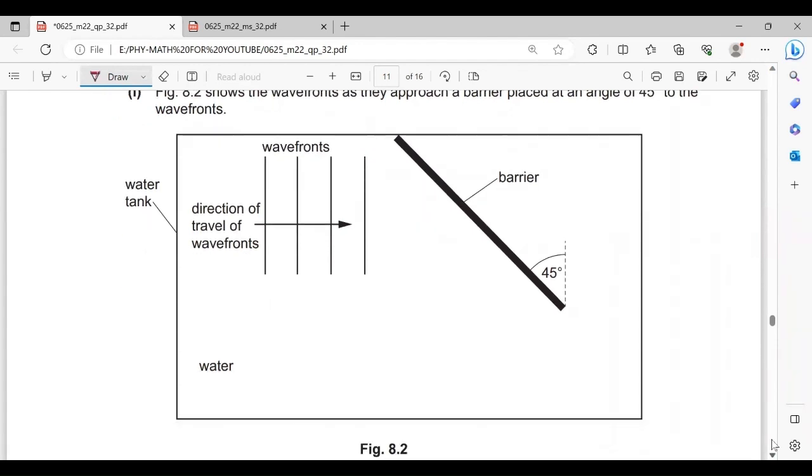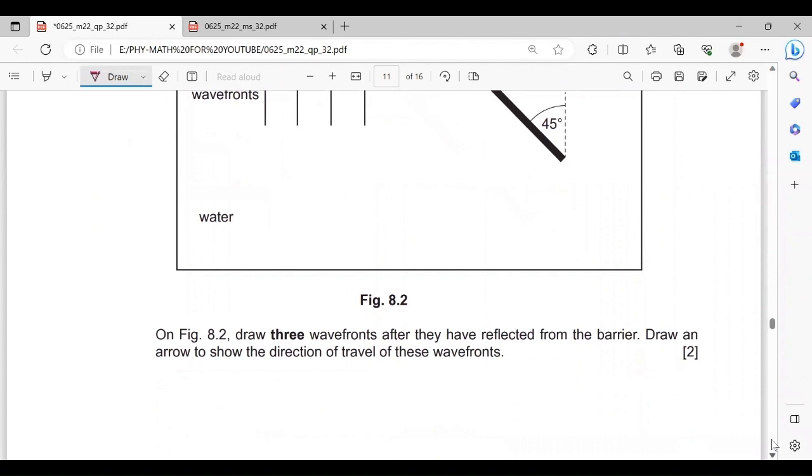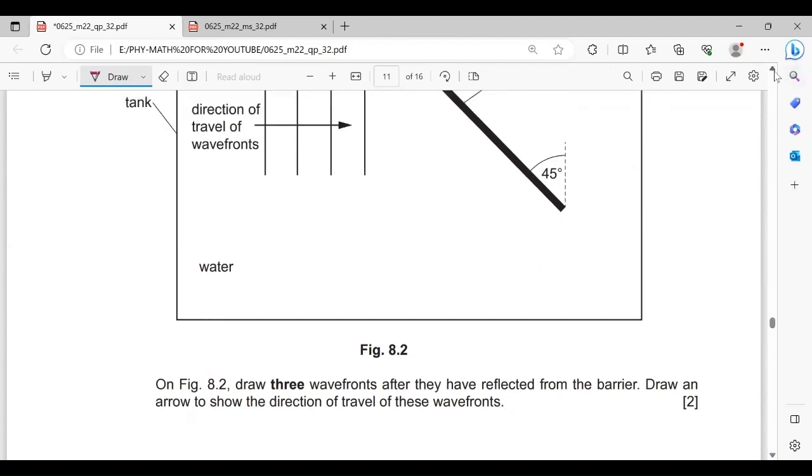This is the figure 8.2. On the figure 8.2, draw three wavefronts after they have reflected from the barrier. Draw an arrow to show the directions of travel of these wavefronts.